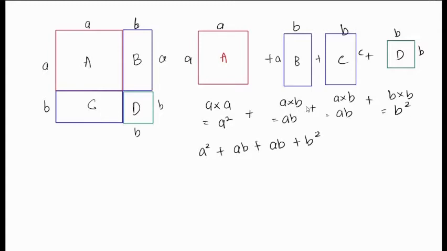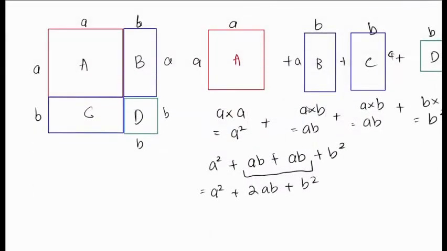Since these two are like terms, you can add both, and you will get A squared plus 2AB plus B squared.